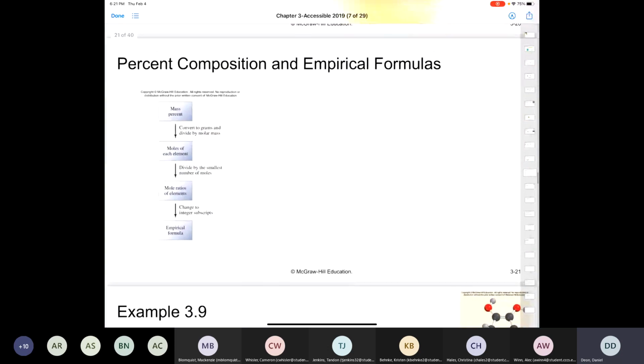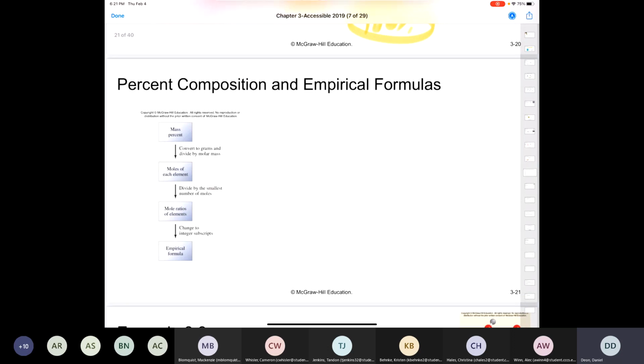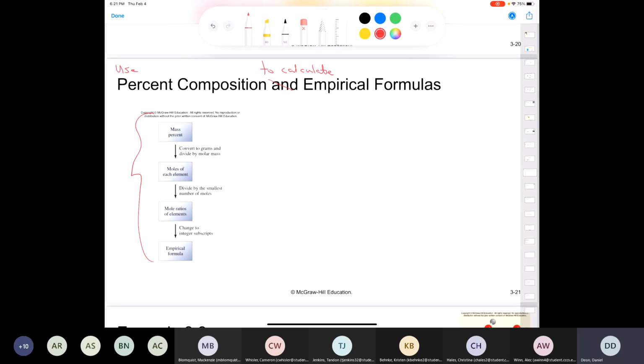All right. Well, let's talk about empirical formulas. And I don't like the title of this slide a whole lot. I changed it a little bit; it's more like how to use percent composition to calculate empirical formulas. That's more what's going on here, right? Because we just talked about how to evaluate mass percent.